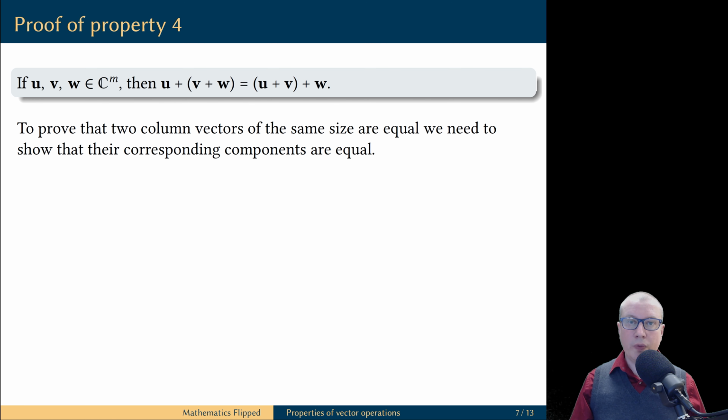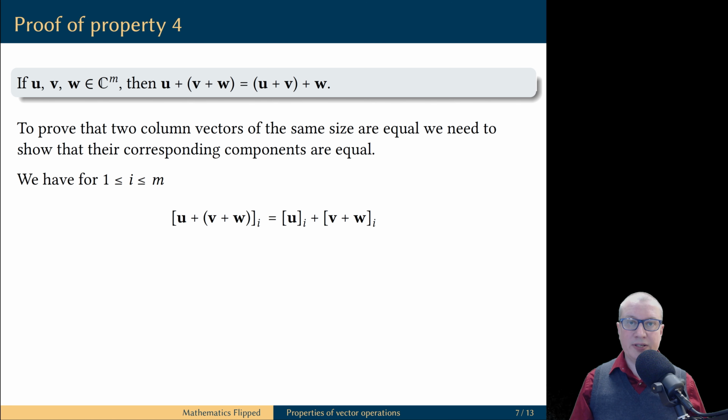Once again, to do this, we will show that the two vectors have identical components. I'm going to start with an arbitrary component i of the vector on the left-hand side of the desired equality. We are going to use the definition of the operation of vector addition to understand what this component looks like.